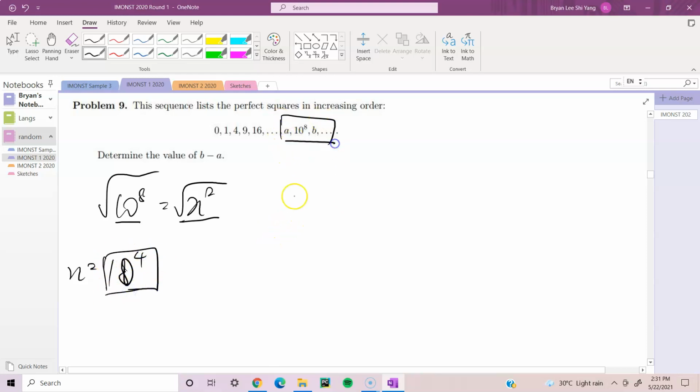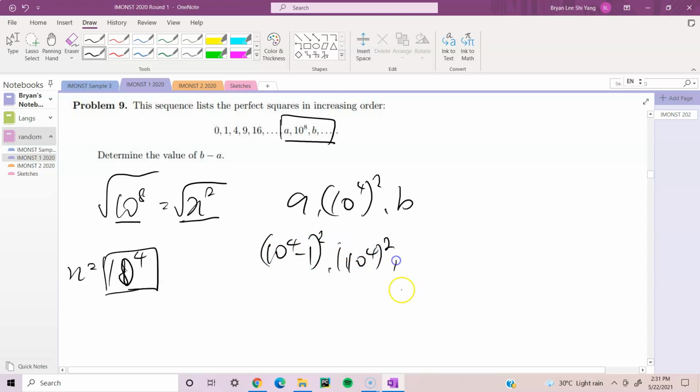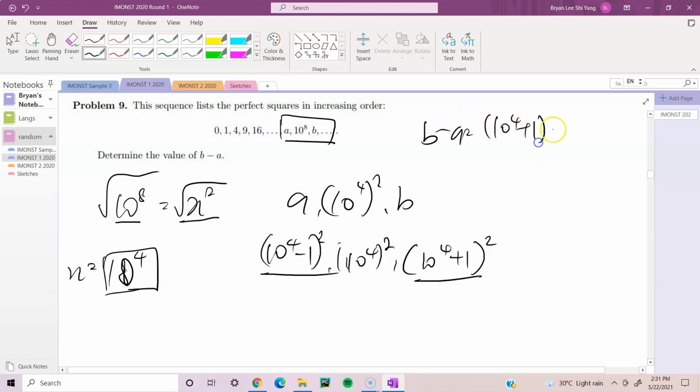So as we can see here, we will have A, 10 to the power of 4 squared, and then B. So we know that A equals 10 to the power of 4 minus 1, squared. Then this is 10 to the power of 8 itself, and then this would be 10 to the power of 4 plus 1, squared, right? So B minus A is 10 to the power of 4 plus 1 squared, minus 10 to the power of 4 minus 1 squared.